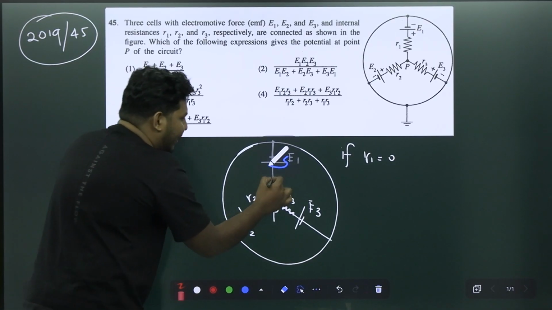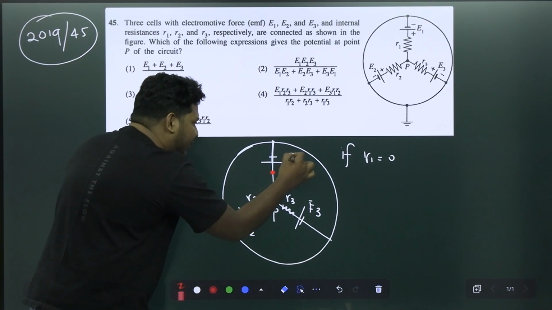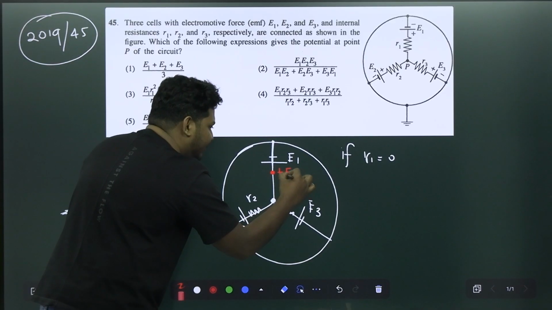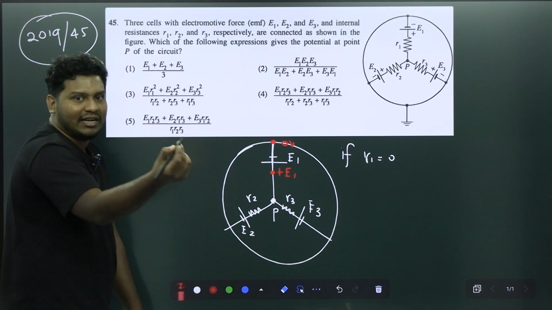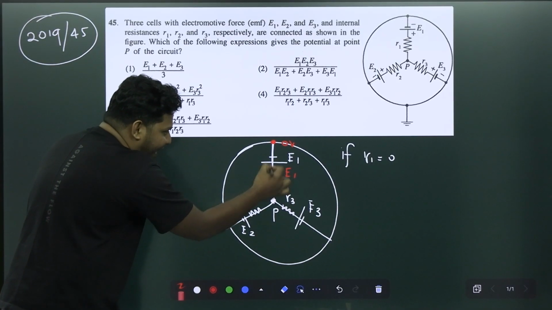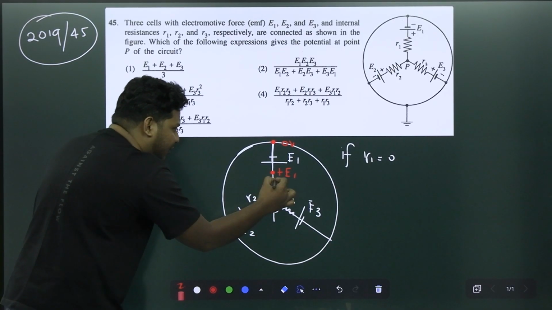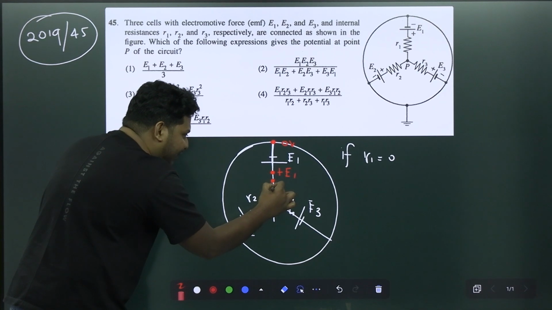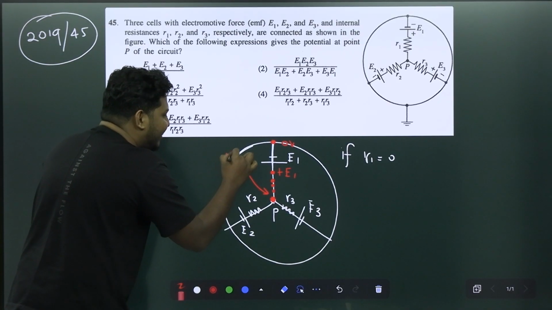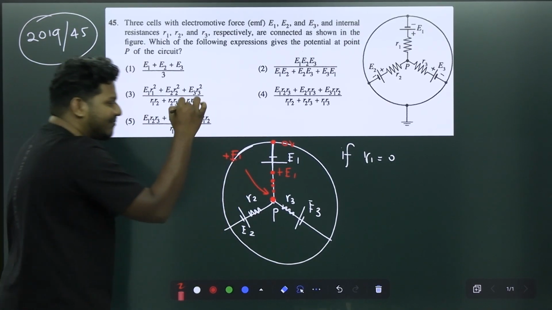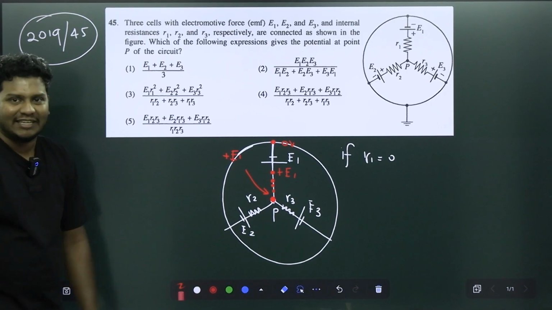So we know that at this point the voltage is plus E1. This point is 0. We already studied this in O level. There is no resistance along these lines, so this is also plus E1, this is also plus E1, this point is also plus E1.